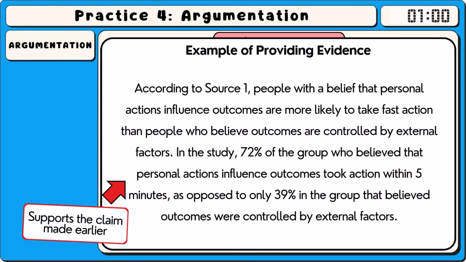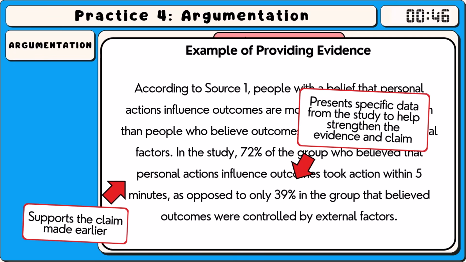This example supports the claim made earlier that people who believe their actions are effective are more likely to take action and persist when faced with difficult situations than people who believe outcomes are controlled by external factors. It also presents specific data from the study to help strengthen the evidence and claim.